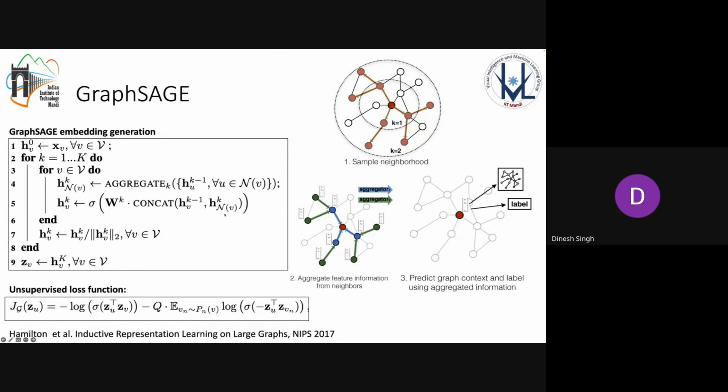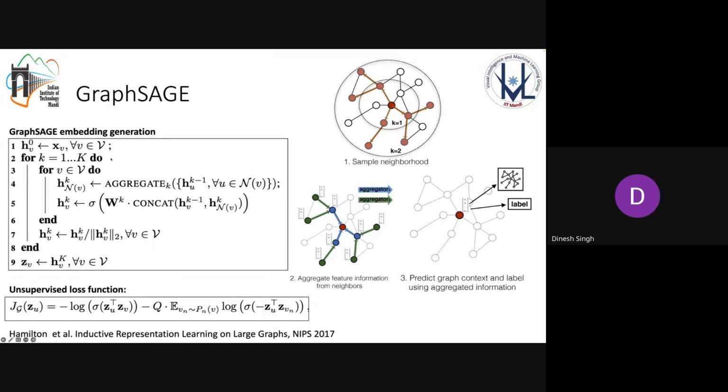For all those nodes u in the neighborhood, we jointly use h_u^(k-1), the features from the previous iteration, which was initialized with the original embeddings given to us.